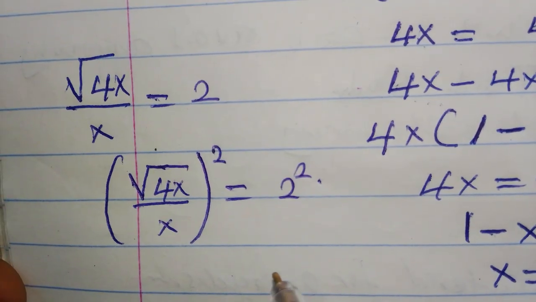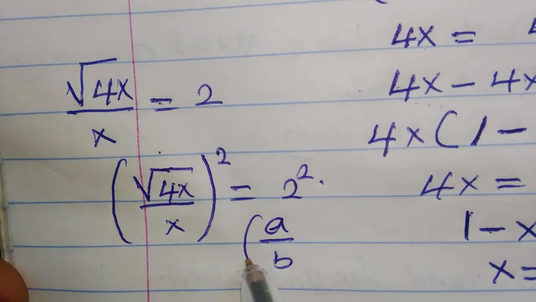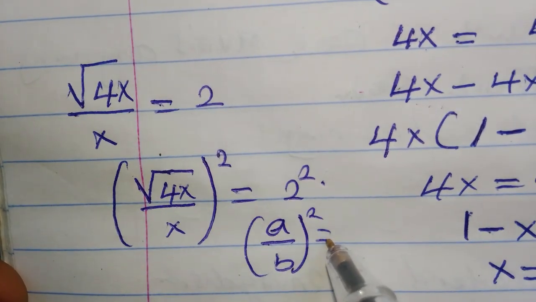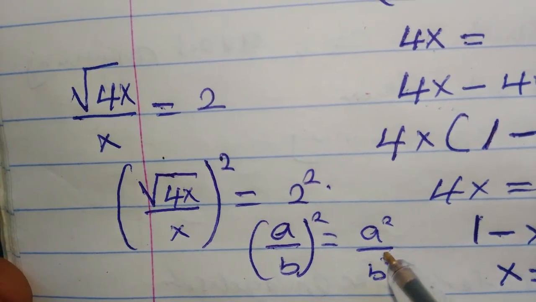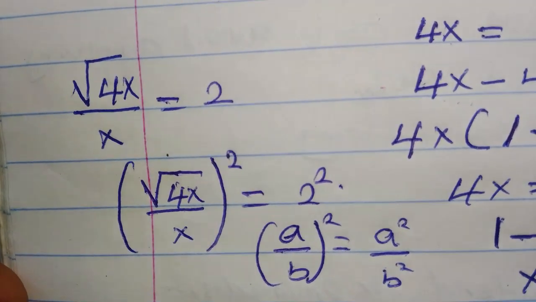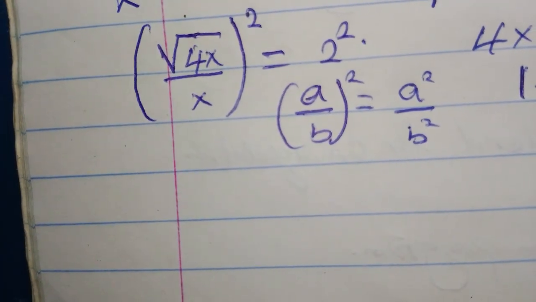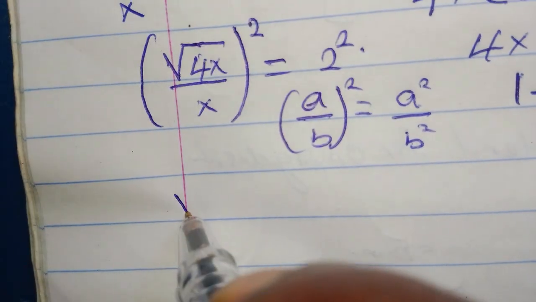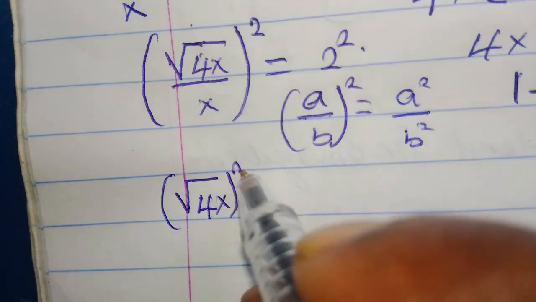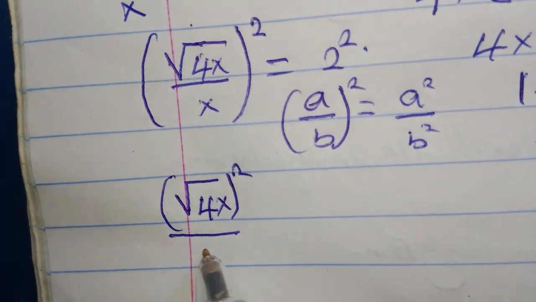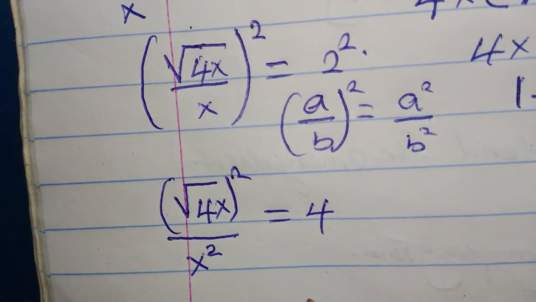From here we are going to apply the rule which says a over b all squared is equal to a squared over b squared. If we put this rule here, we simply have the root of 4x all squared over x squared equals 4.